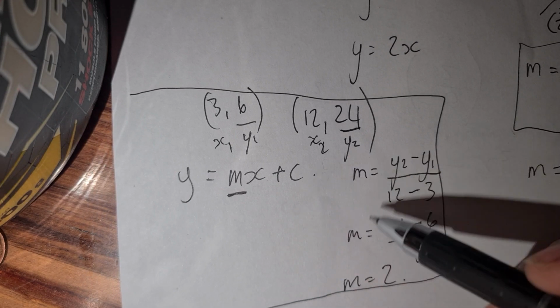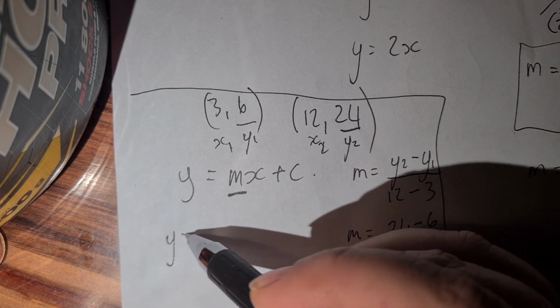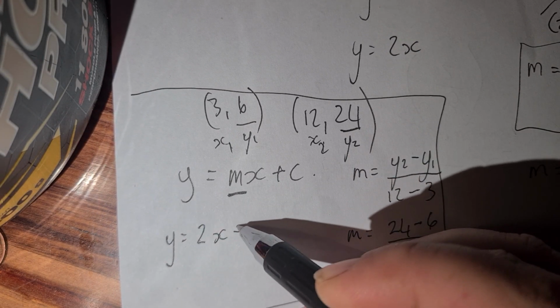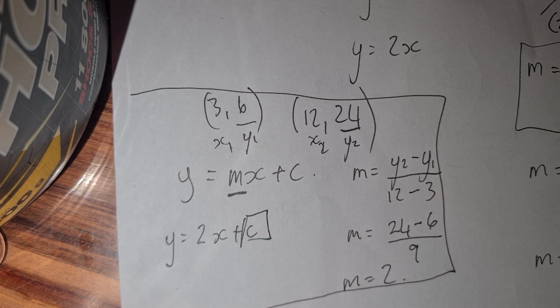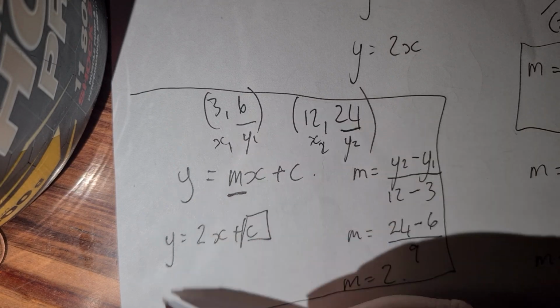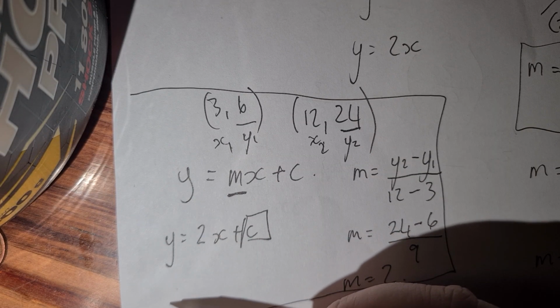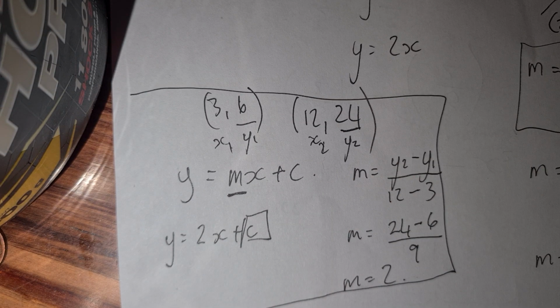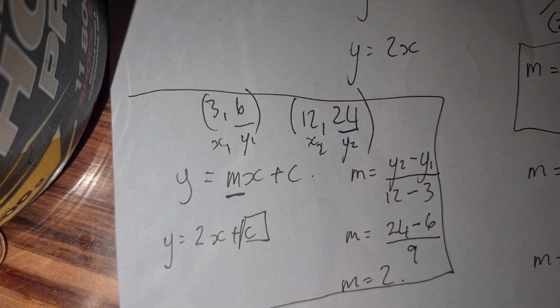So if m is 2, then I'm going to say y is equal to 2x plus c. Let's find out what c is. Let's put a point in, (3, 6). Now, I did the exercise in factors, so I made it like (2, 4), (3, 6).